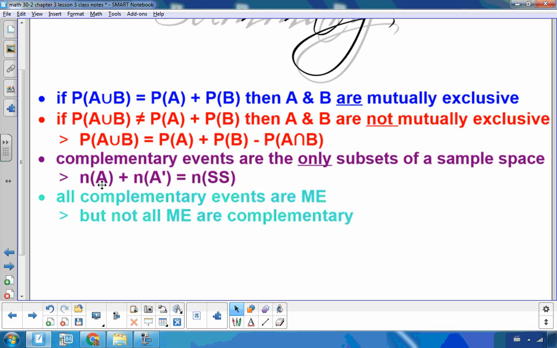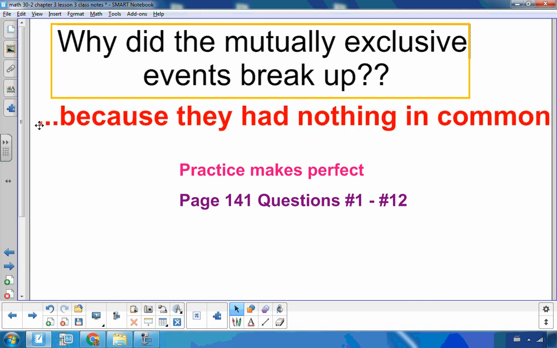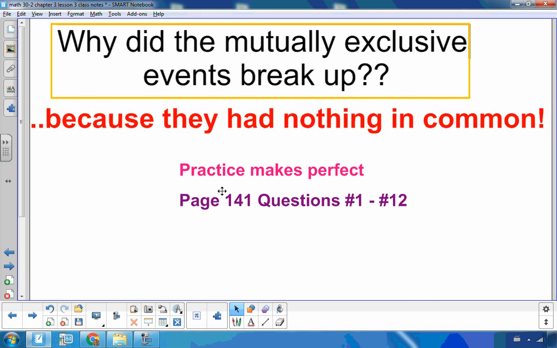A, for example, would be complementary if the number in A and the number not in A add up to the sample space. All complementary events are mutually exclusive, but the reverse is not true. So my question for you now at the end of this lesson is, why did the mutually exclusive events break up? And I hope if you were paying attention to the lesson, you know the answer already. Because they had nothing in common.